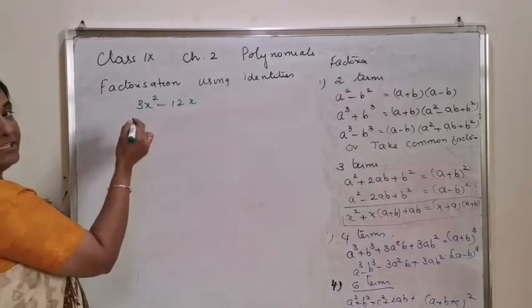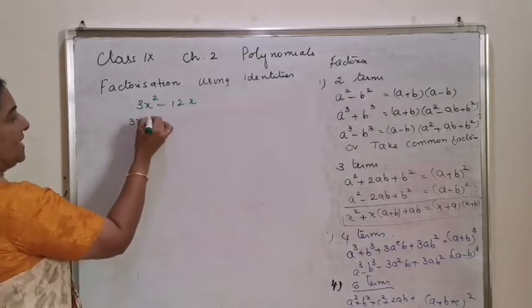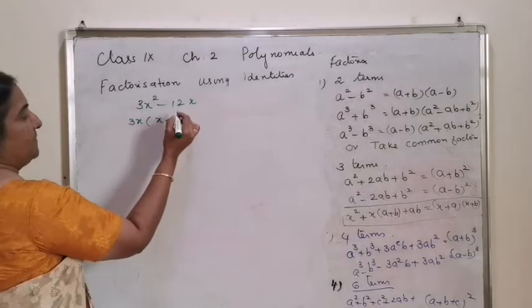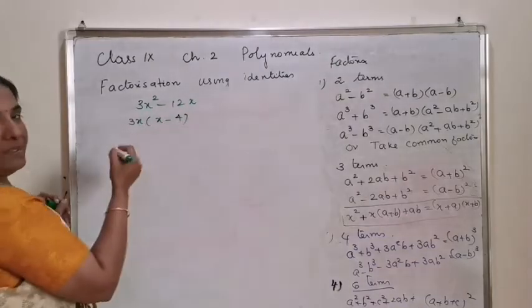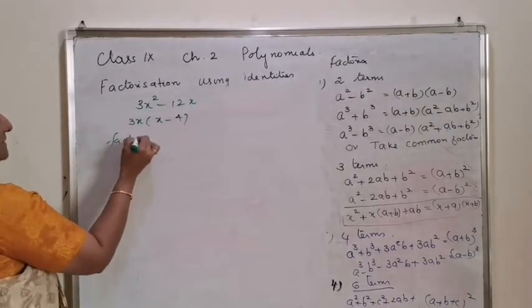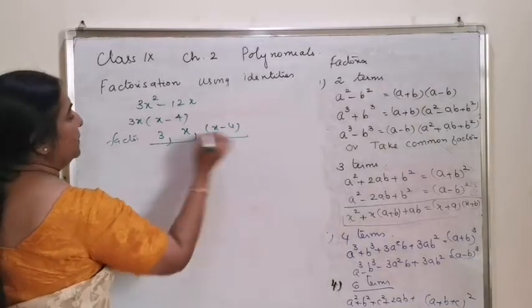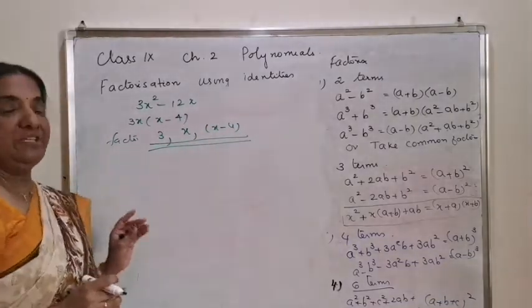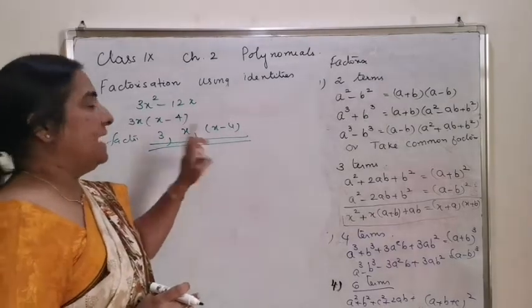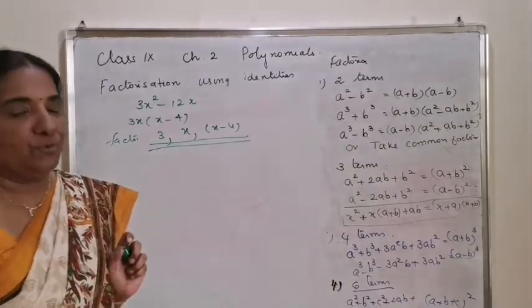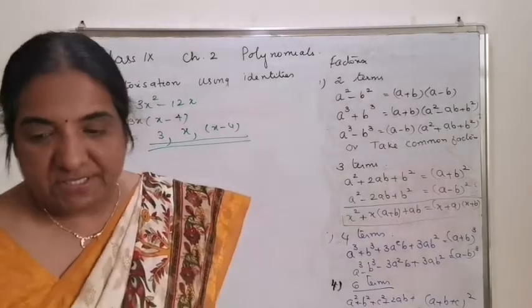So we can take the common factor as 3x into x minus 4. So which are the 3 factors? 3, x and x minus 4. So the possible dimensions are 3, x and x minus 4.